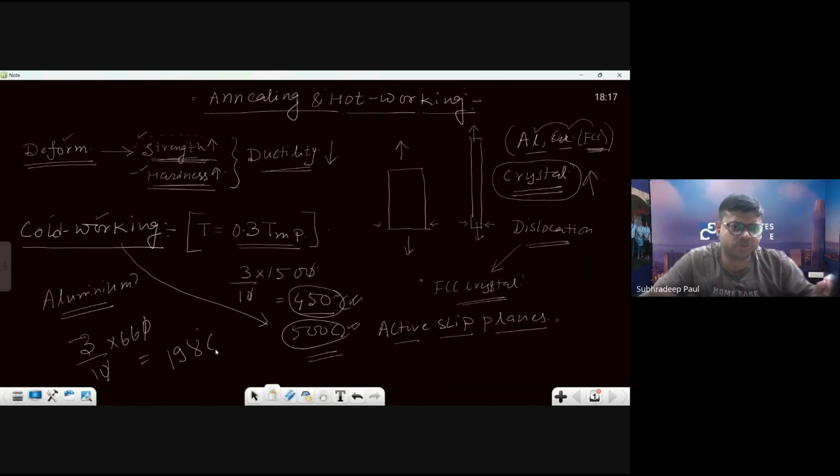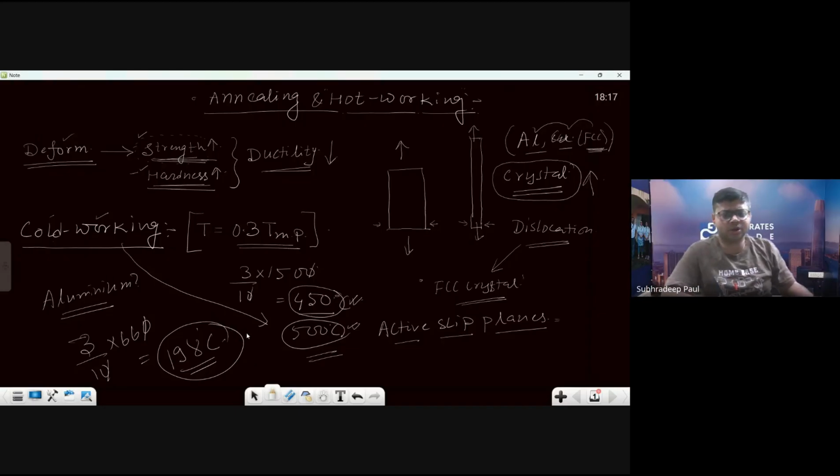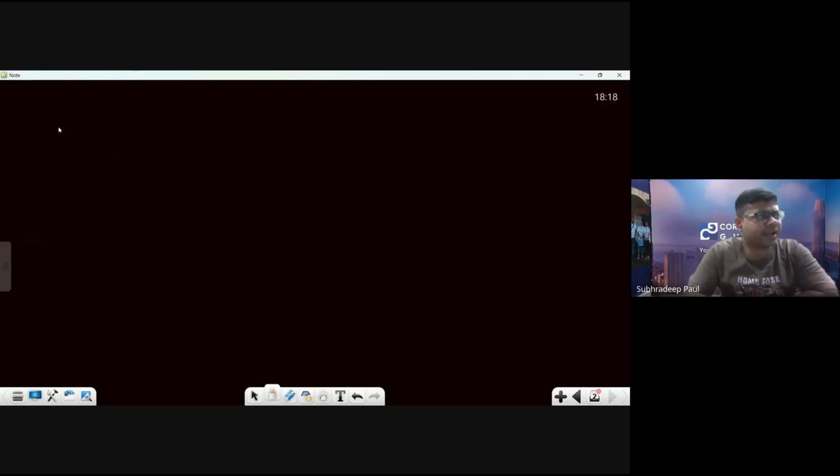So around 200 degrees Celsius. Sorry, not the melting temperature, the cold working temperature for aluminium. So you see, this is actually variable. A cold working temperature which is appropriate for steel may not be appropriate for all the materials.